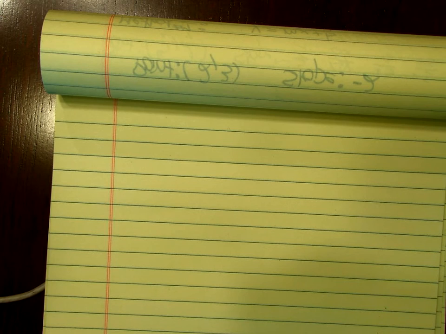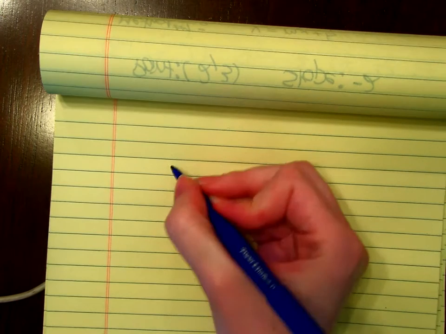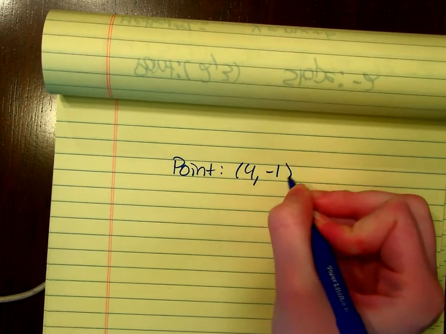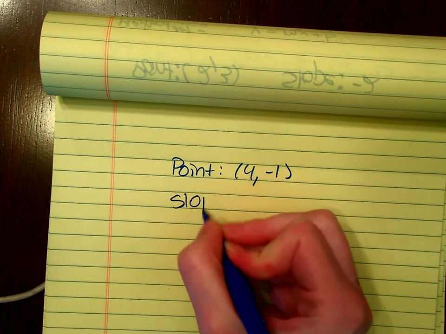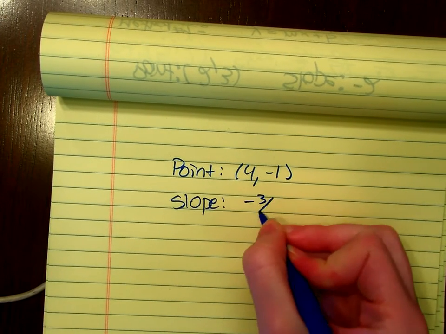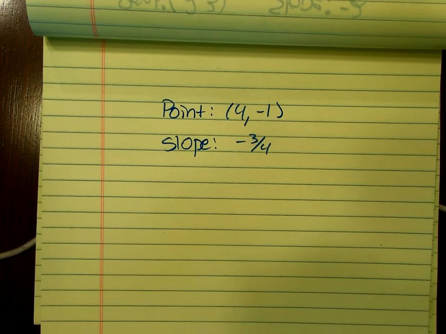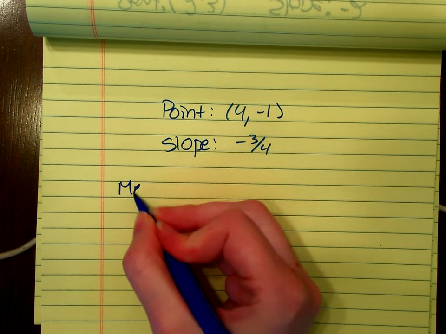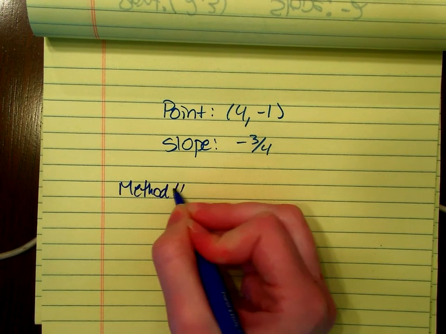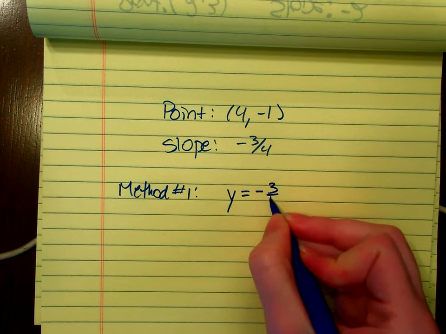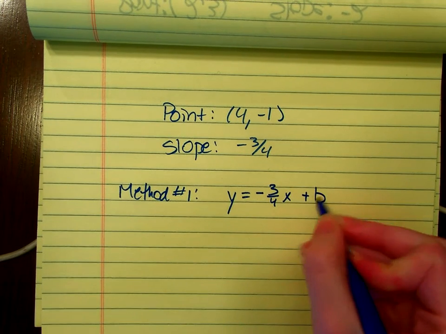Let's say this time that your point is (4, -1), and your slope is -3/4. So again, I want you to pause the video, try this on your own, and then we'll come back together to do it. Alright, welcome back. Again, I'm going to start with the first method. So we know we're going to have y equals -3/4 x plus something.